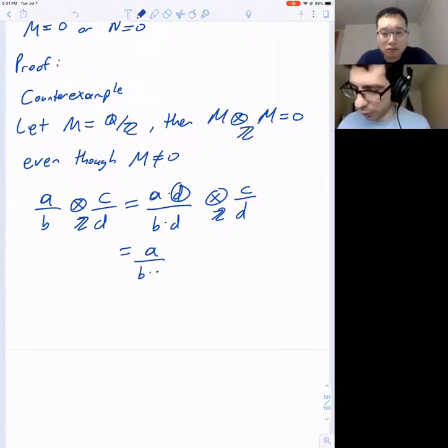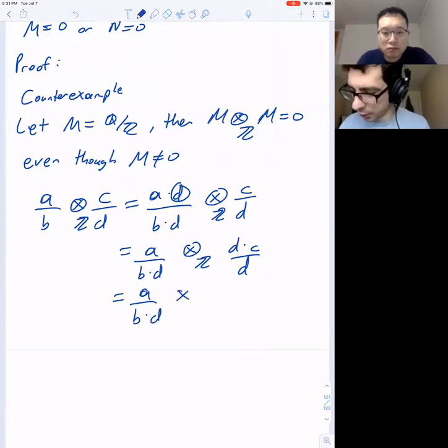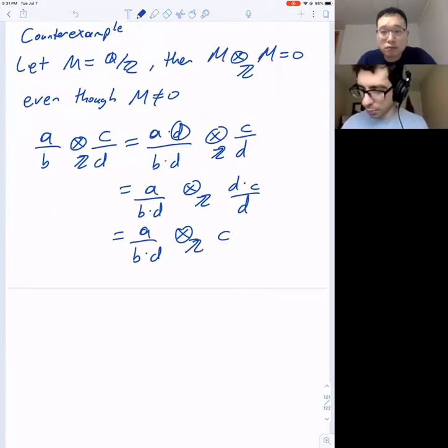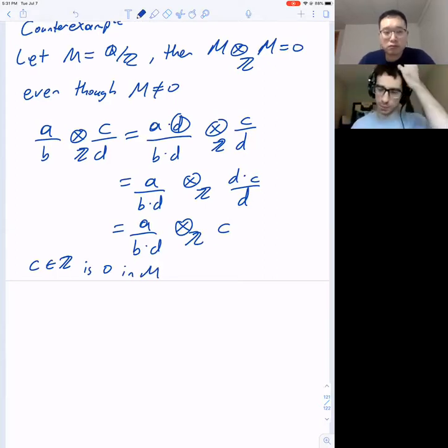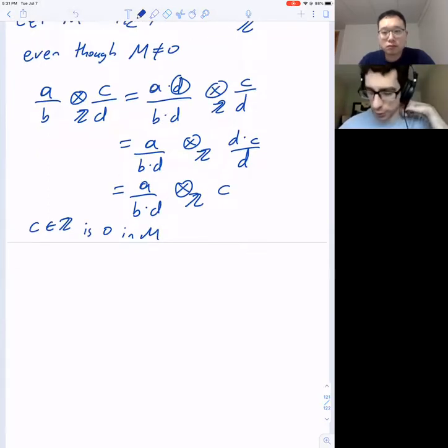So this is a over b times d tensor d times c over d, which is a over b times d tensor c. But c is an integer, that's 0 in M. So the tensor product is 0, even though the module itself is not 0. So finitely generated is important.